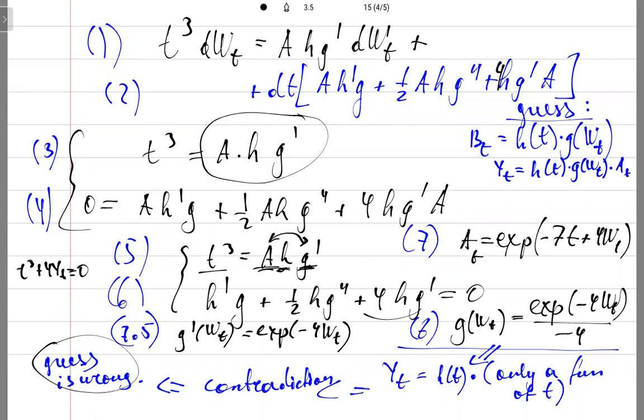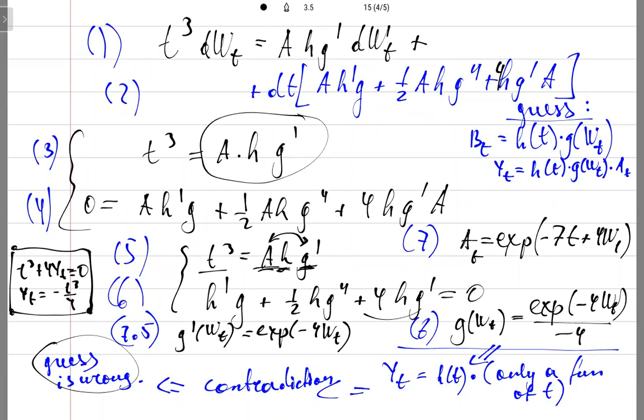If you check this opportunity, you have the last chance to save this guess, to have yt equal to minus t cube over 4. In this case, you are right, the coefficient before dwt will cancel out. But if you check the last chance to save, the wrong guess fails.